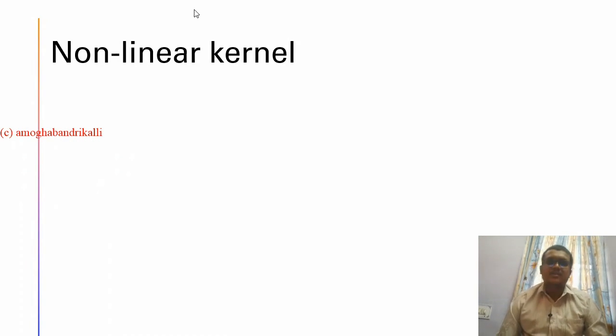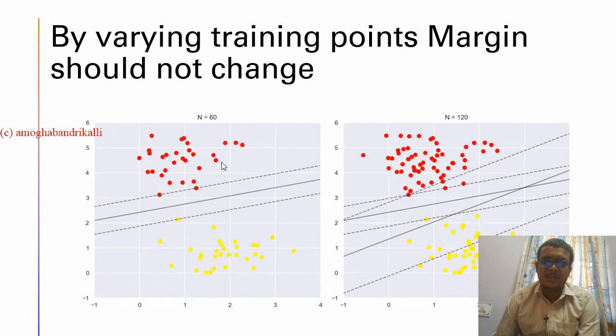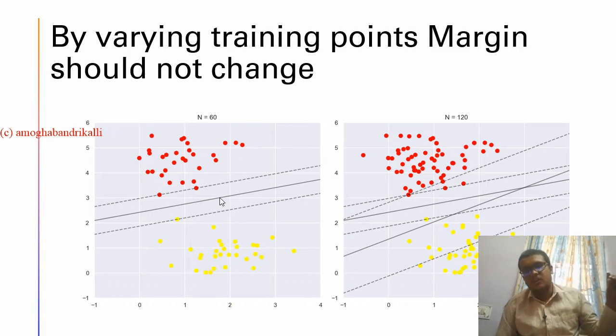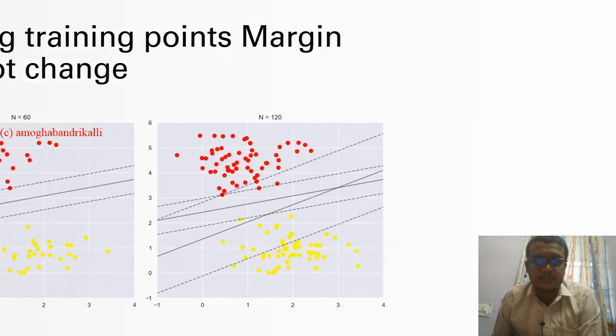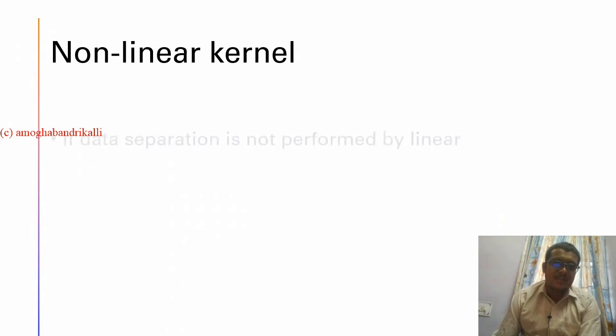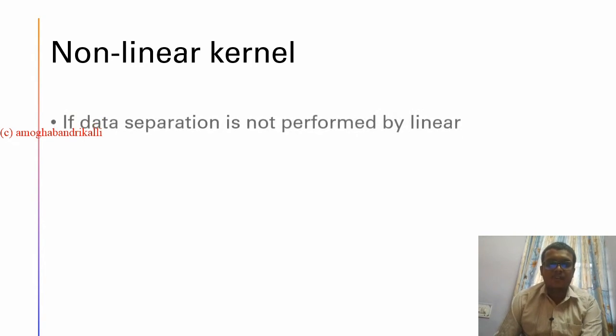the non-linear kernel. Whenever the data is linearly separable, we can separate it by drawing a straight line or a hyperplane, by generating a hyperplane. So it is not just a straight line. Now if the data is non-linear, if it is not a linear one, then we have two options.